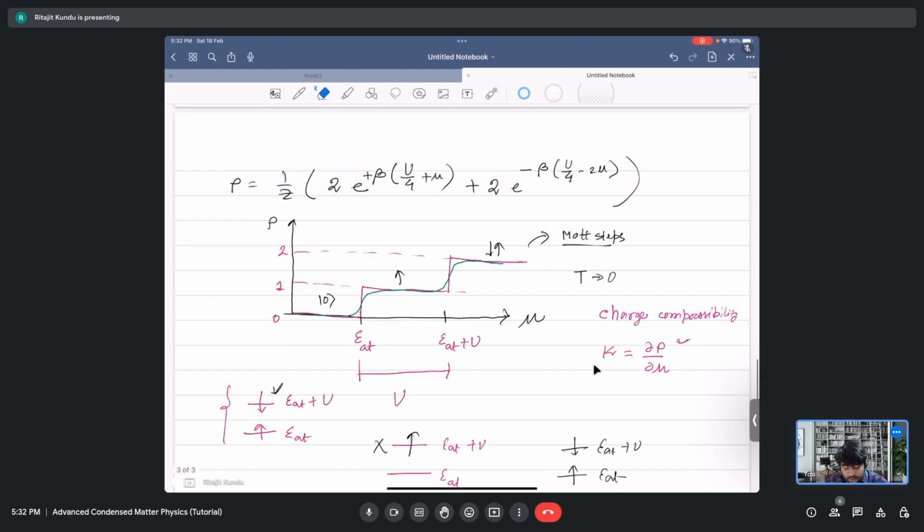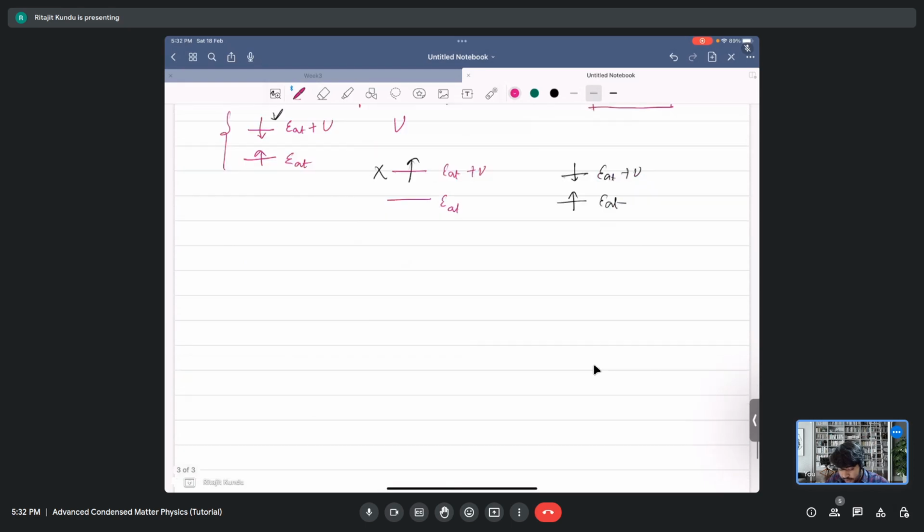This is basically the tangent of this curve. You can see that the tangent here is 0, so kappa is 0. People can experimentally measure this charge compressibility, and charge compressibility 0 means that you have a gap in the spectrum or something like that. So I just wanted to highlight that.